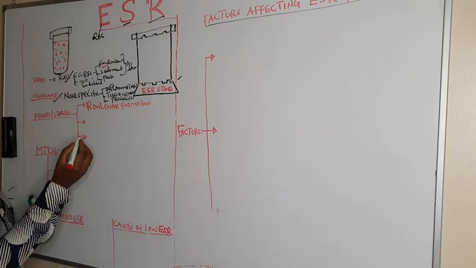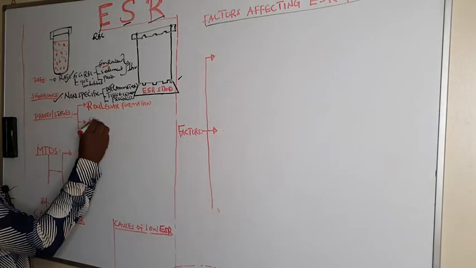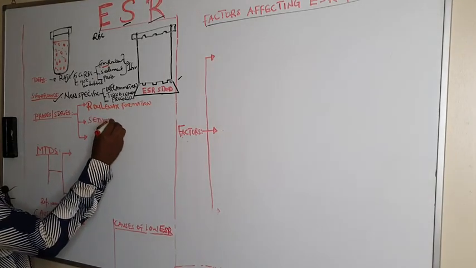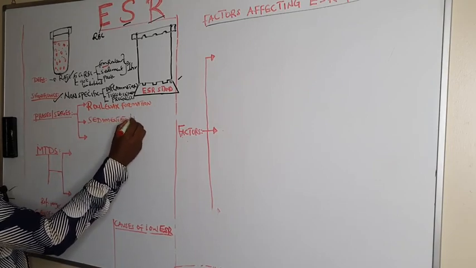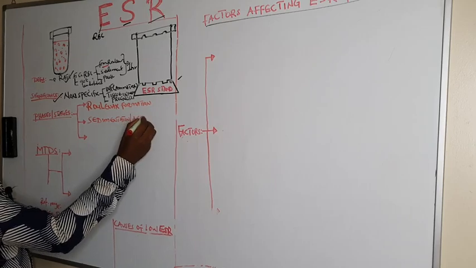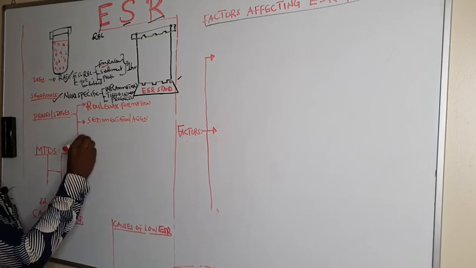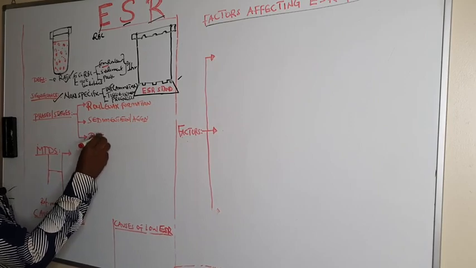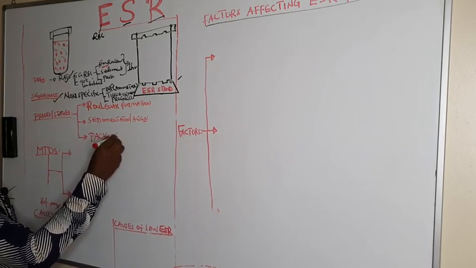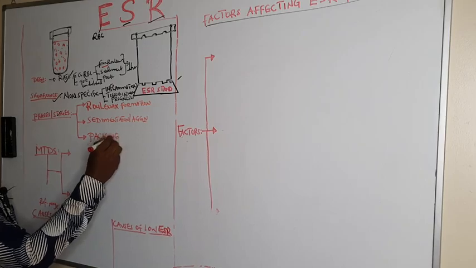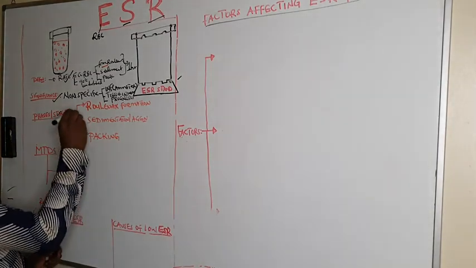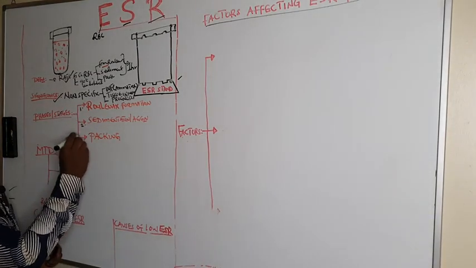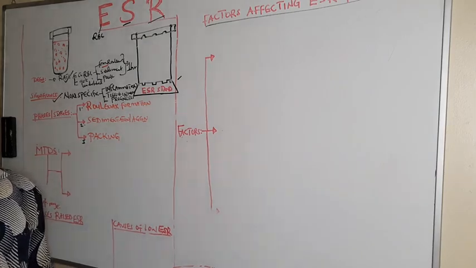The second one is sedimentation, which you can call sedimentation or aggregation. Then we have the last one, which is packing. These are the three phases of ESR. Number one is rouleaux formation, number two is sedimentation, number three is packing.